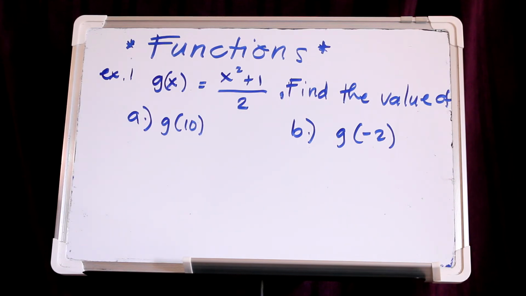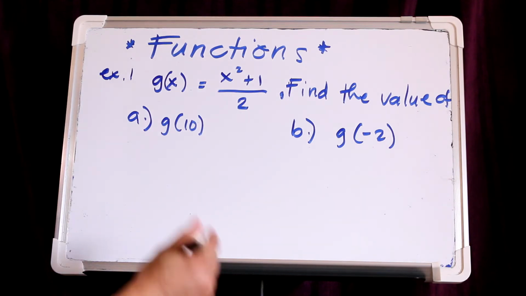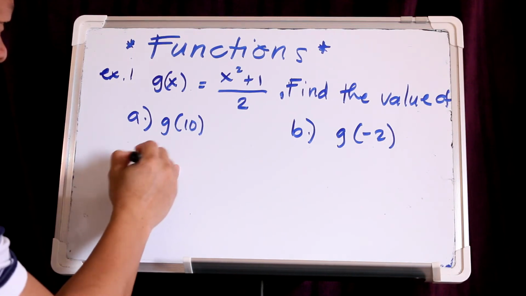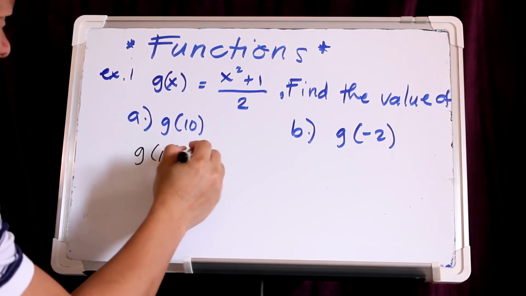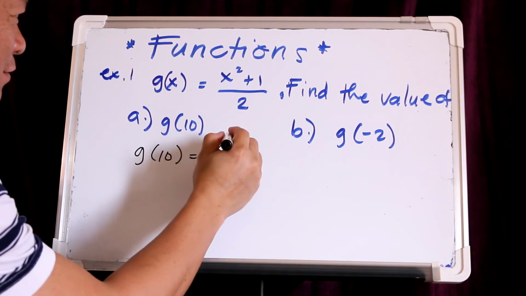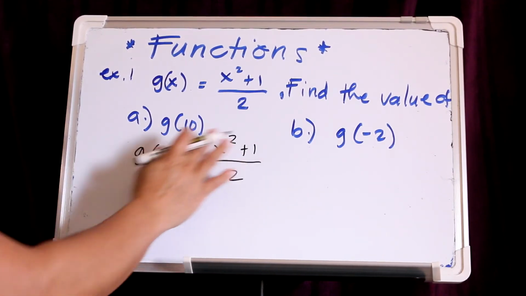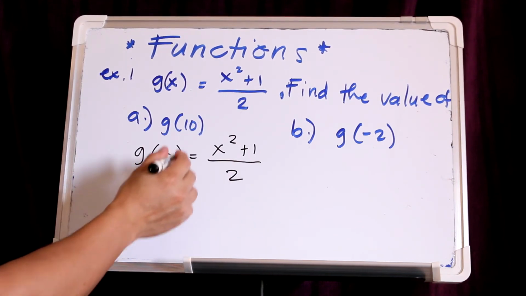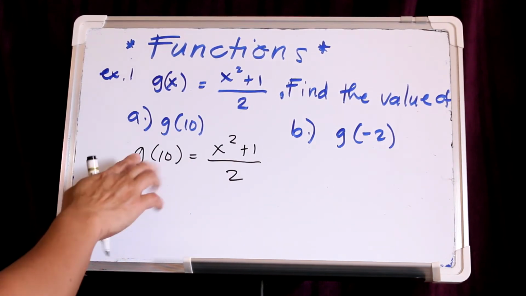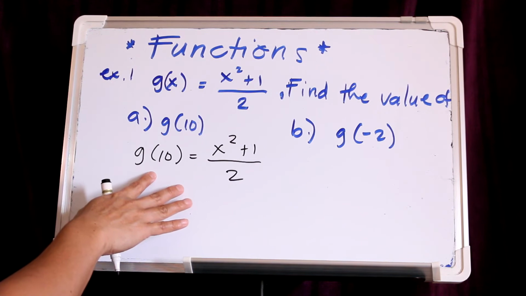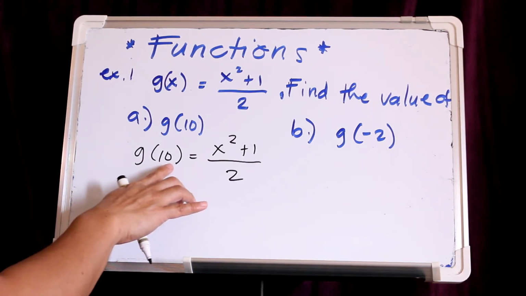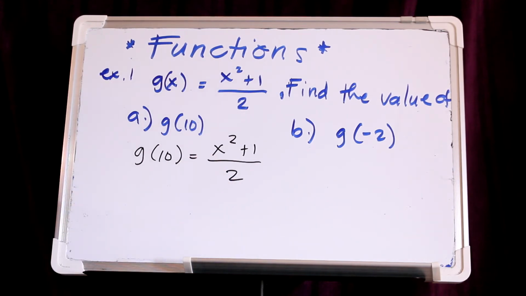So we are going to have g(10) equals (x squared plus 1) over 2. So this is how we usually write. So this is denotation. This means what is the value of the function g if the x is equal to 10.